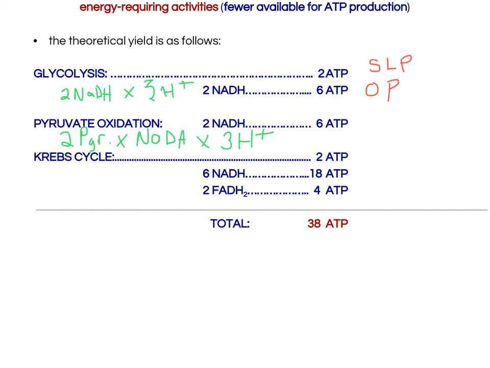That's going to give me a total of 6 hydrogen ions, which will become 6 ATP via oxidative phosphorylation.